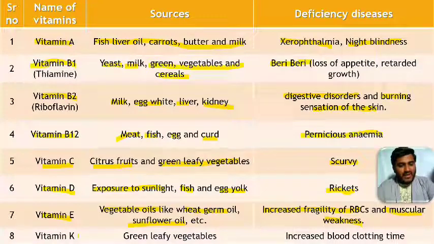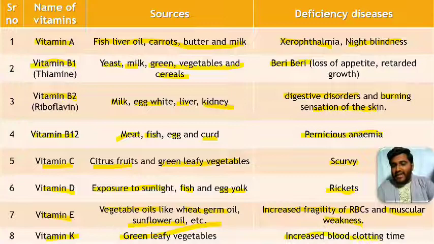Last one, vitamin K. Vitamin K is mainly found in green leafy vegetables. Deficiency of vitamin K increases blood clotting time.